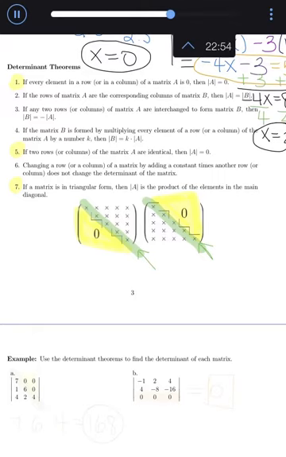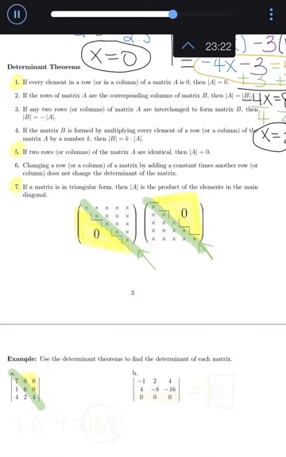For example, if we look at problem A, notice that this is what we were calling a triangular matrix, because notice the top triangle of this matrix above the main diagonal is all zeros. So what theorem 7 says is to find the determinant of this whole matrix, all I need to do is multiply all the numbers along the main diagonal.